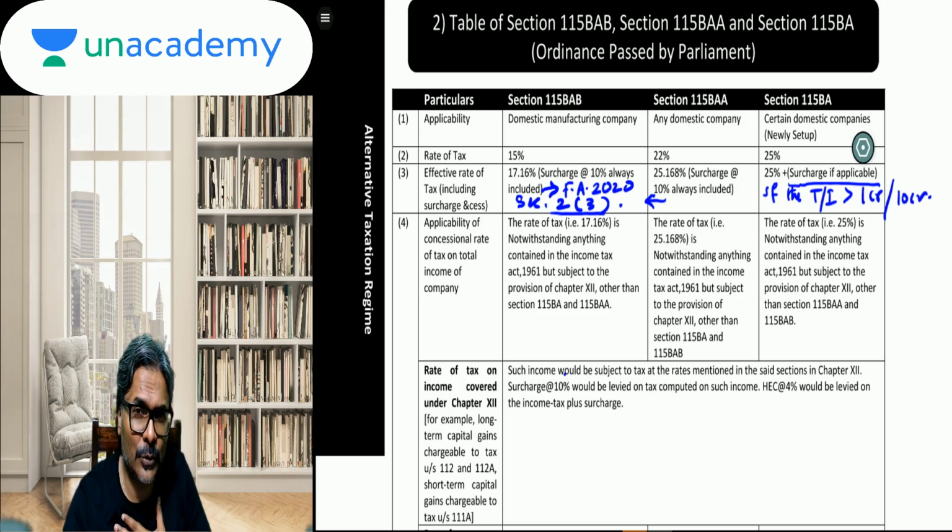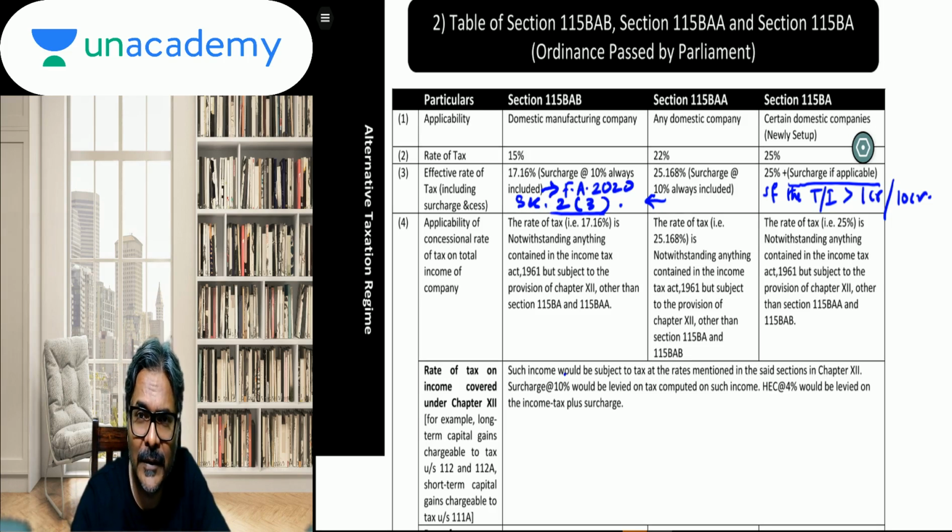Say for example, the total income, and I am already opting for the alternate tax scheme under 115BAB and 115BAA, and my total income, even after computing the long-term capital gain under 112A, is somewhere around 40-50 lakhs.